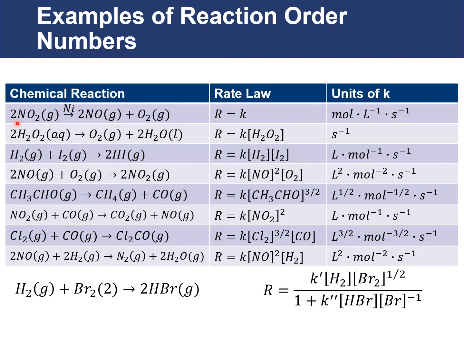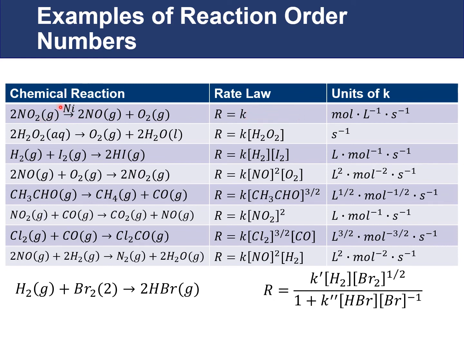For this one, this is the catalytic decomposition of NO2 on a nickel surface. What's really dictating how fast this process can occur is how fast the NO2 can find an active site on the nickel surface. So what limits how fast the reaction occurs is the nickel and not your reactant, and so the reactant doesn't appear in the rate law.